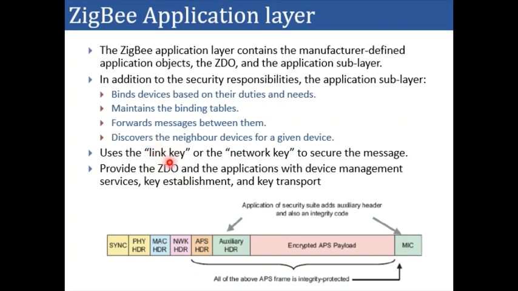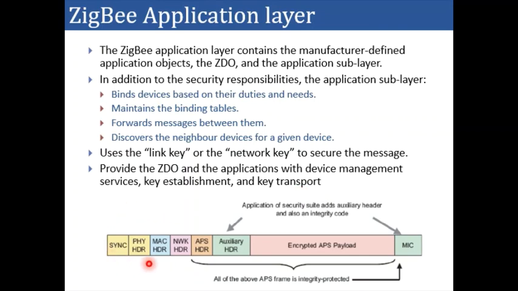It uses the link key or the network key to secure the message. The application layer also provides the ZDO and the applications with device management services, key establishment, and key transport.